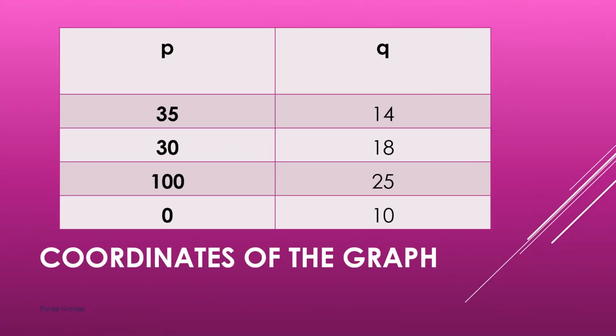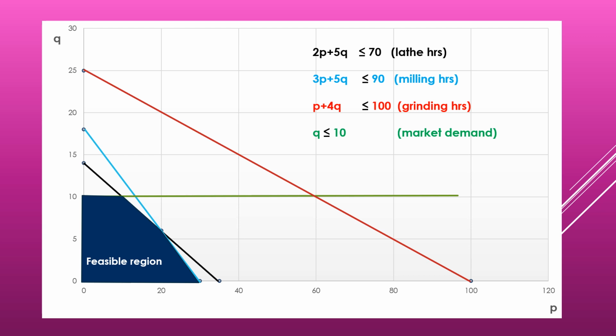Now, based on these coordinates, we are going to use the graphical solution to find the answer for the linear programming problem. Based on the constraints, let's develop the graphical solution. In the graph, you can see the lathe hours in a black straight line, milling hours in a blue straight line, grinding hours in a red straight line, and finally the market demand restriction in a green straight line.